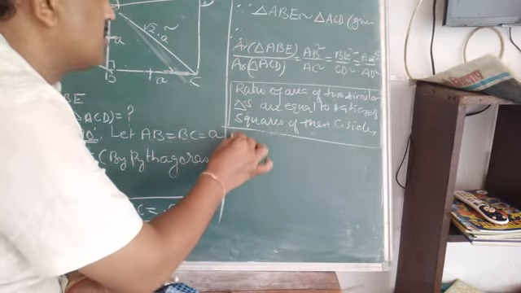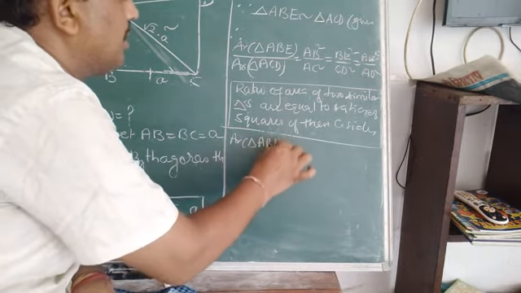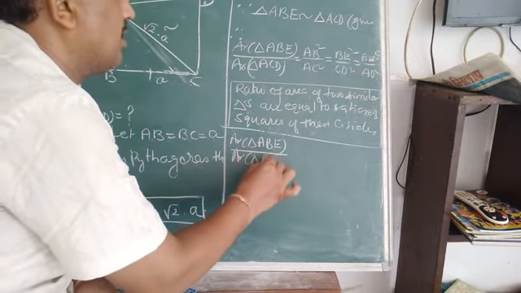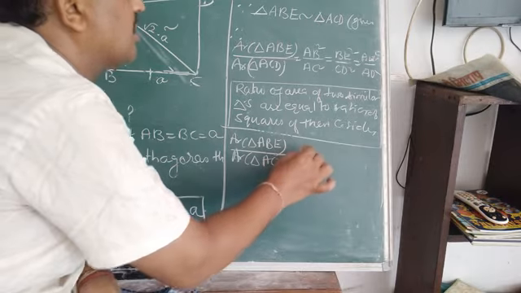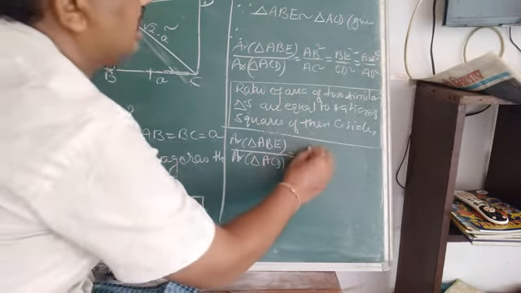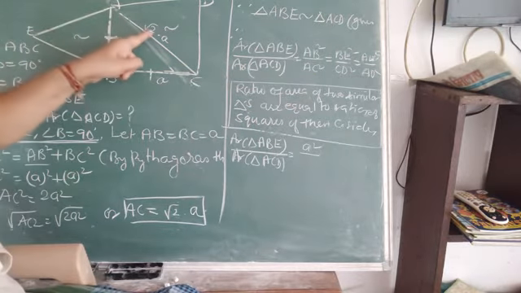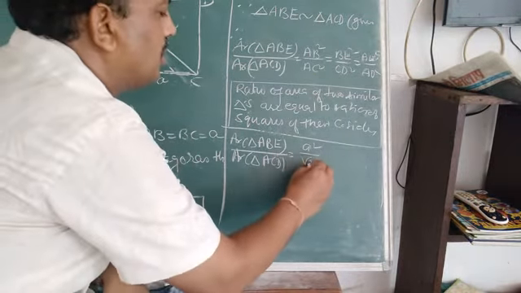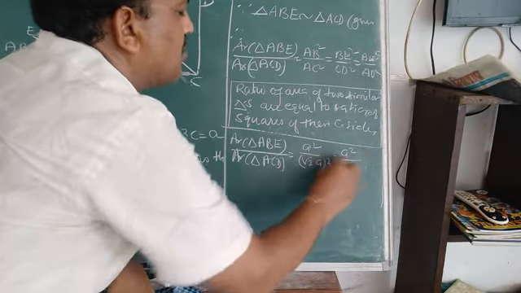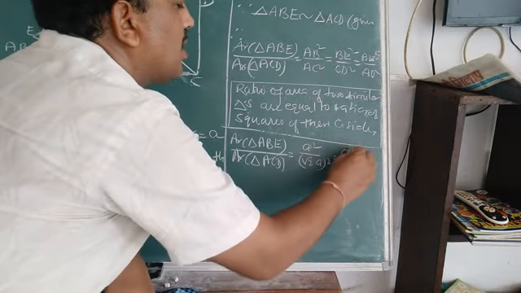Okay children, so area of triangle ABE by area of triangle ACD is equal to AB square, here AB is A, that is A square, by AC, root under 2A, whole square, is equal to A square by root 2 whole square A square.